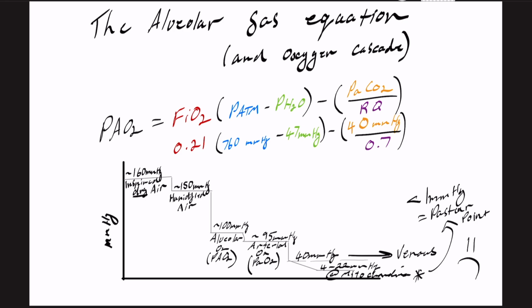Hence the importance I mentioned before of modifying all of these. It's not just about getting our alveolus oxygenated, it's also about getting all of that oxygen to the cell so the cell can go through its normal aerobic metabolism.